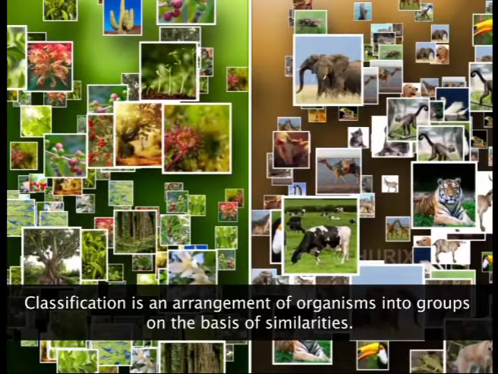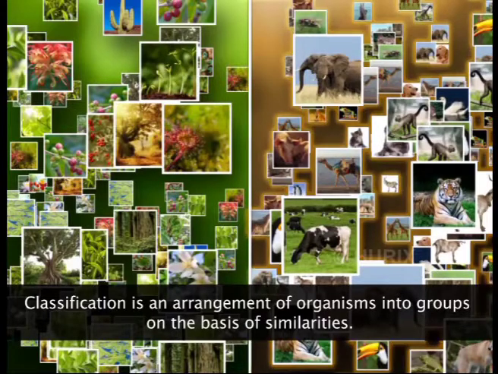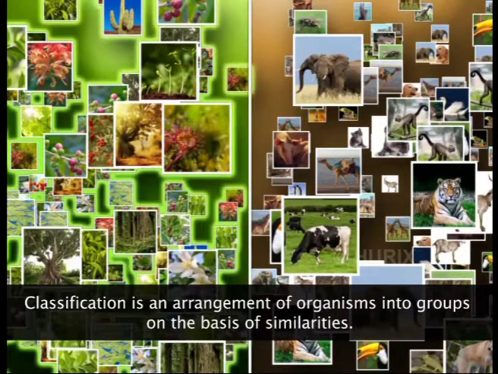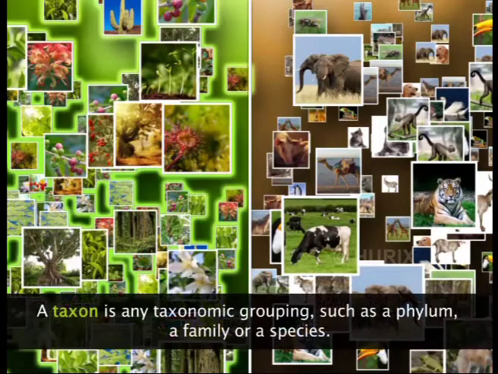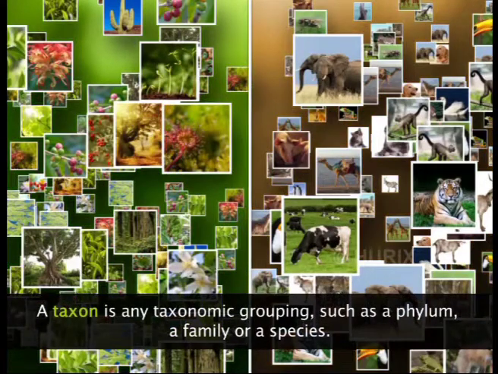According to the degree of similarities, living organisms are classified into various categories or levels. For example, all animals are placed in one category and all plants in another. Each category, referred to as a unit of classification, represents a rank and is commonly termed a taxon.